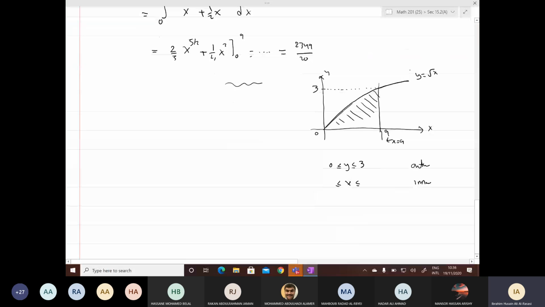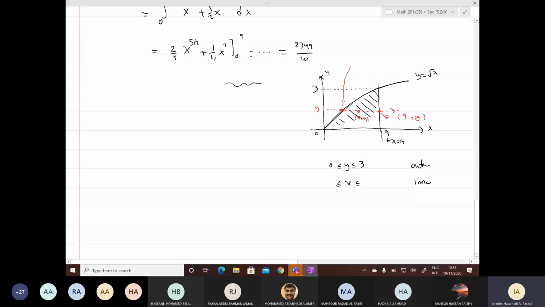If I choose a point here, x and y, you just continue the line here. So find the coordinates here and the coordinates here. The y coordinate is y. What is the x coordinate for this point here? 9. It is fixed. It is on the line x equals 9.